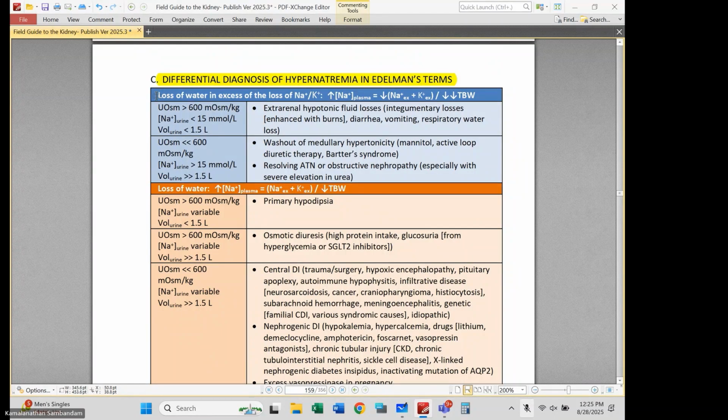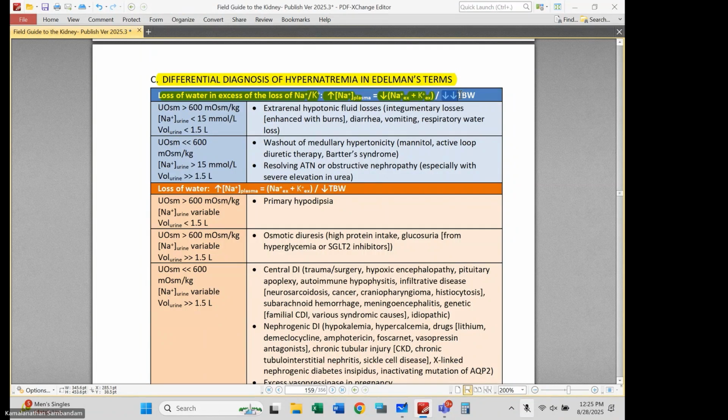So let's go over the first category, the patients that have loss of water in excess of the loss of salt. So these are patients who are clearly hypernatremic. The numerator has shrunk. Classically, this patient is a hypovolemic patient. If I'm hypovolemic, regardless of what my serum sodium is, my numerator in Edelman's is diminished.